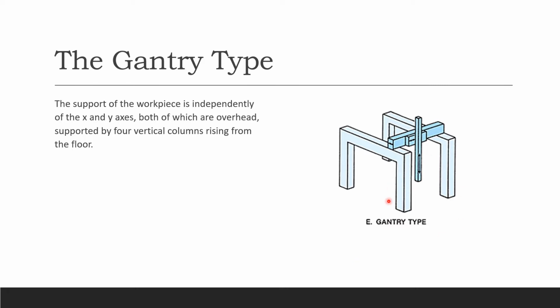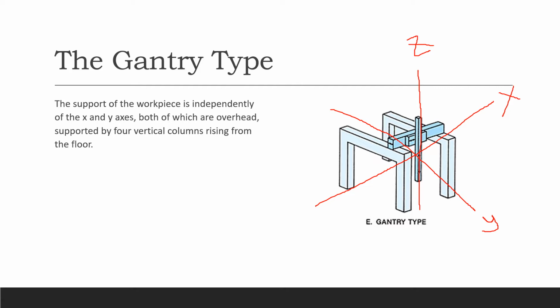Gantry. Gantry looks like this. So the support of the workpiece is completely independent. That's why you can see the base right here. Again, here is your Z, and this is your X, and then that is your Y. You always get the Z-axis, and you will have confusion between your Y and your X-axis. Try to read this slowly and take it in slowly.